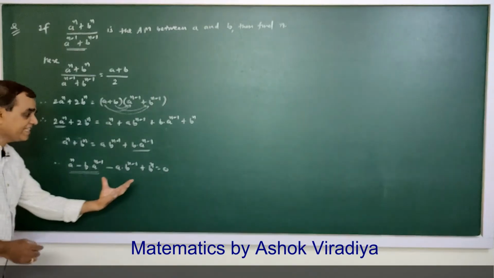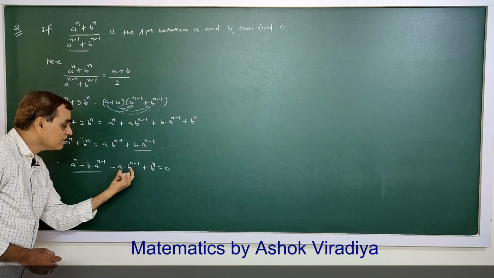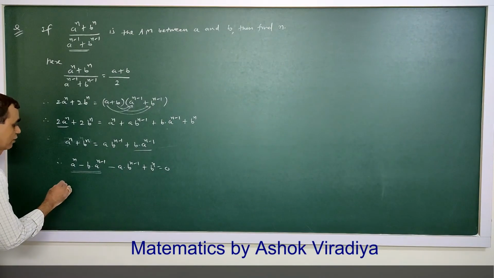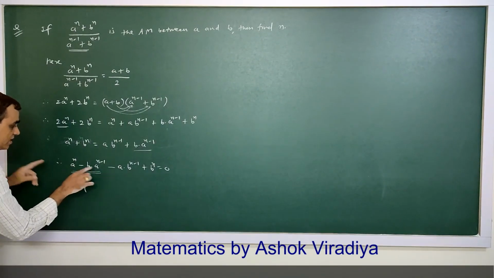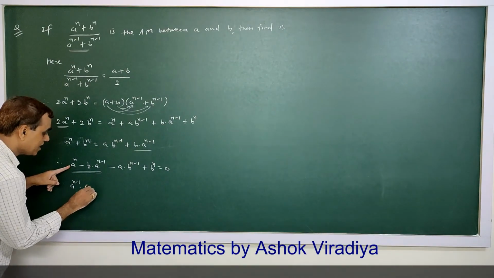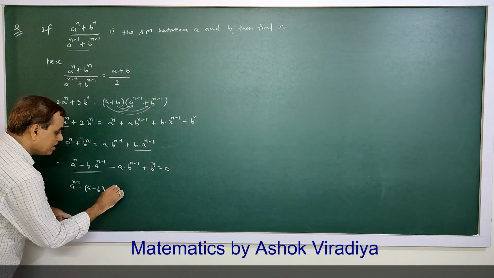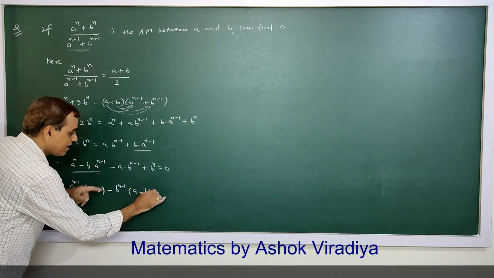So same we are creating here, a minus b. That's why this is taken first, this is next in the second group. So now a raised to n minus 1 is common, so a minus b is left, minus here b raised to n minus 1 is common, so a minus b is left, equal to 0.